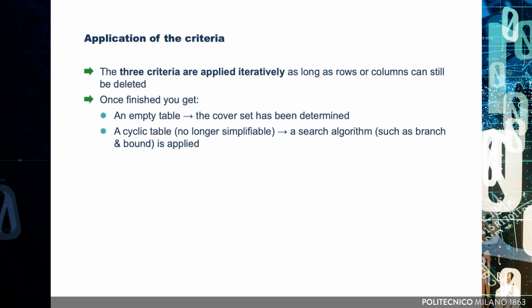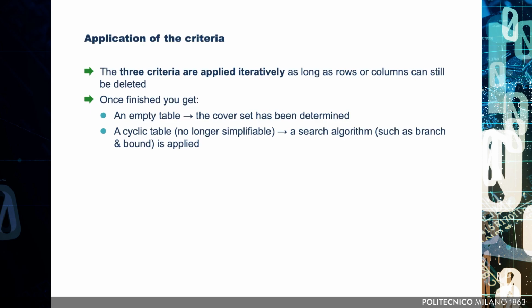The three simplification criteria we have introduced, essentiality, row dominance, and column dominance, are applied iteratively as long as they can be used. At the end of this process, we may reach one of two possible outcomes: a completely empty table, which means that the final cover has been successfully determined, or a non-reducible table, referred to as a cyclic table.